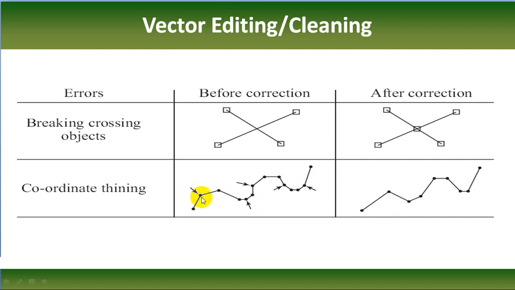Once you remove those vertices, it will be a straight line. That's how we prepare a simplified line geometry. So those sorts of errors we generally find and try to remove.